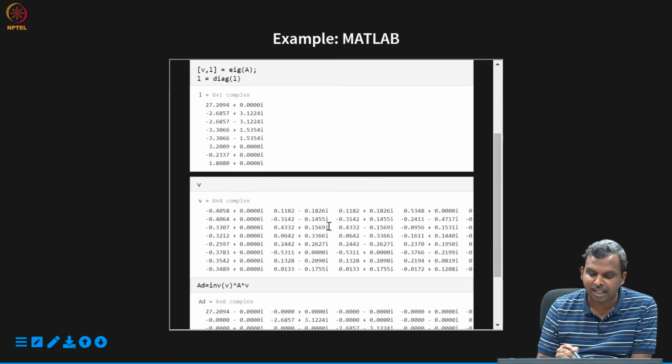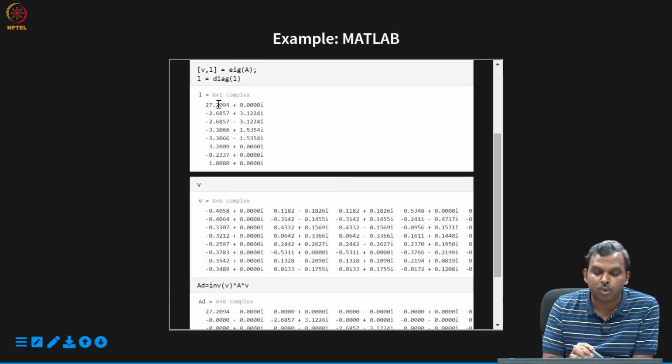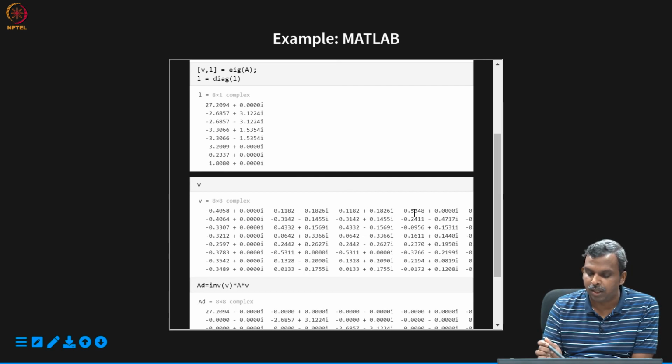Now here are the eigenvectors. So you see the complex eigenvalues correspond to complex eigenvectors. The first one is a real eigenvalue, 27.20 something, and that corresponds to a real eigenvector. You can see that here. And the other eigenvalues, the complex eigenvalues, correspond to complex eigenvectors. And likewise you will have other things.